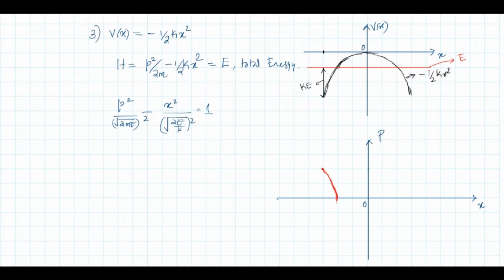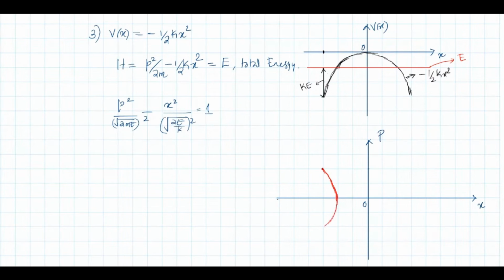Then this particle can never go beyond this negative x value, because beyond this point the total energy is less than the potential energy, which means kinetic energy becomes negative. So the particle will go back.